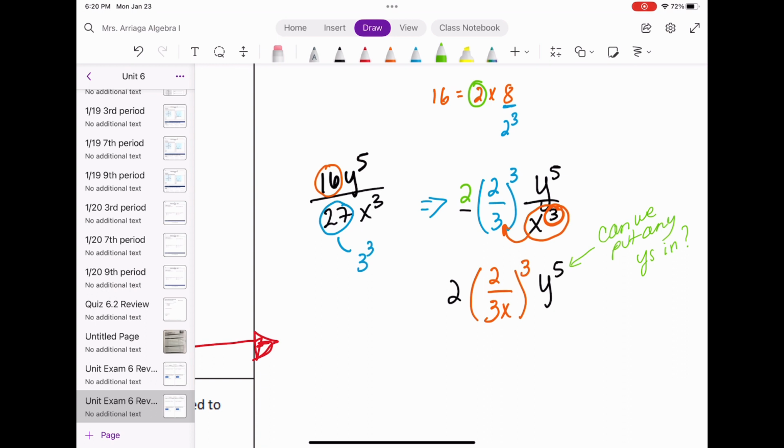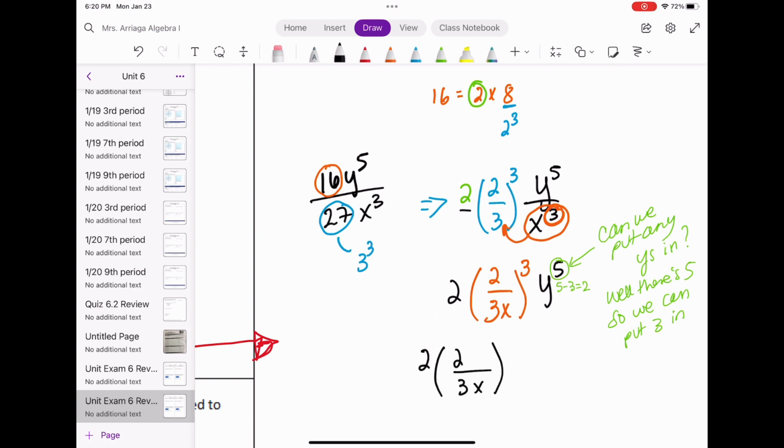Well, y is being raised to the 5. But how do you get 5? Well, you get 5 by saying 3 plus 2, right? So if we take 3 y's and put them inside the parentheses, we are left with 2 y's. So let's put 3 inside and leave 2 out.